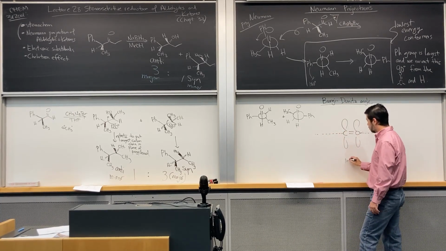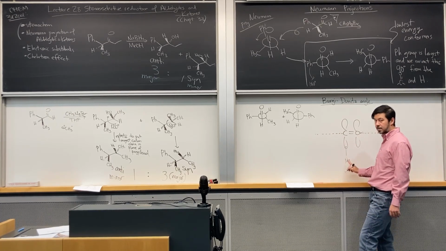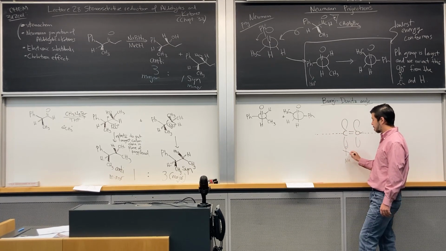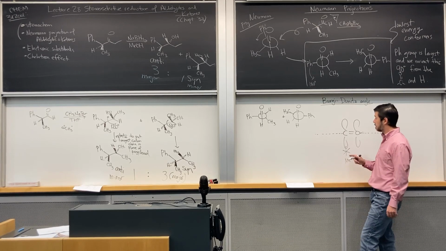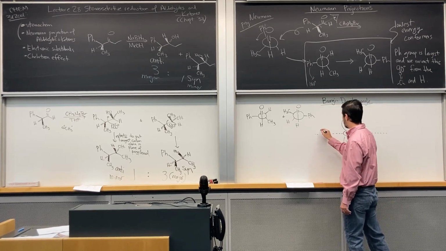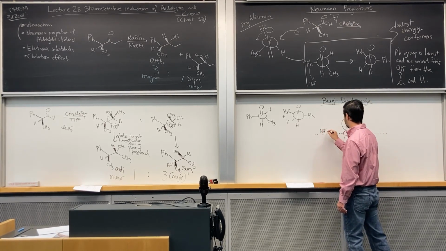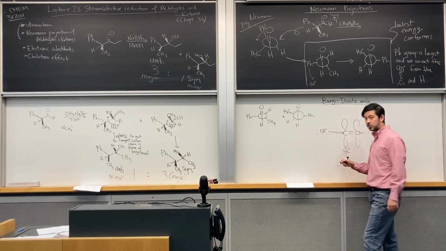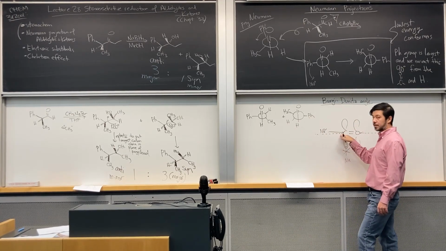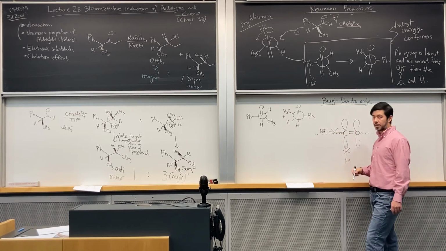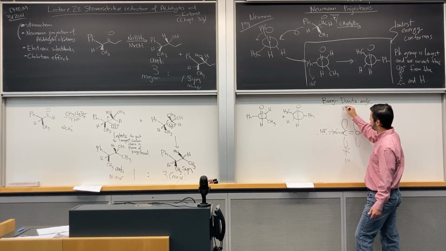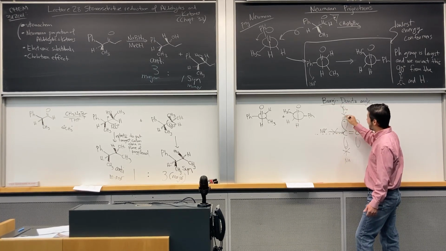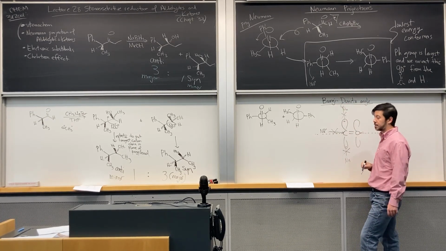If we try to attack directly 90 degrees to the orbitals, you don't get good bond overlap, and that's not appropriate. Similarly, if you try to attack exactly in this direction, flat at 180 degrees, that doesn't work either. And similarly, if the nucleophile comes down from 90 degrees above, it can't.